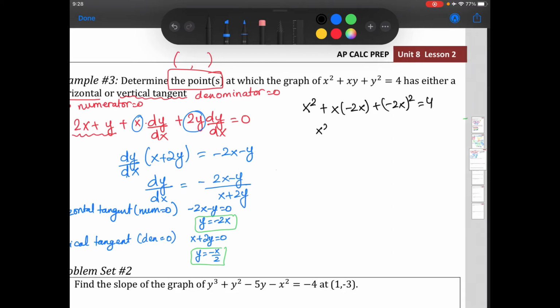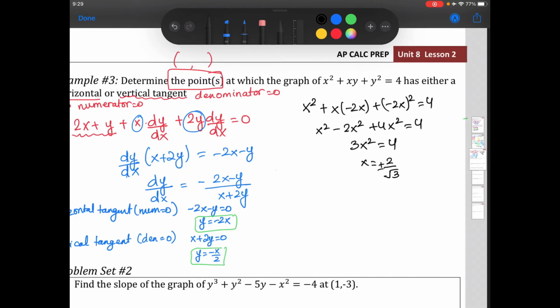If I simplify it, I get x squared minus 2x squared plus 4x squared equals 4, which is 3x squared equals 4. So x is equal to plus and minus 2 over rad 3, right? So that's how you found your x coordinate.